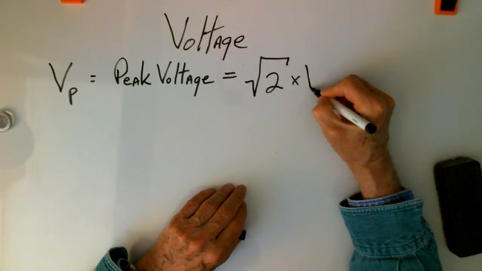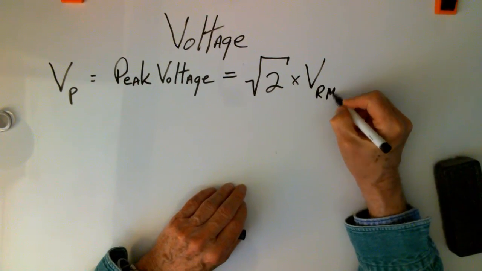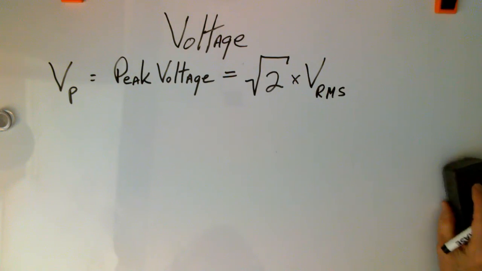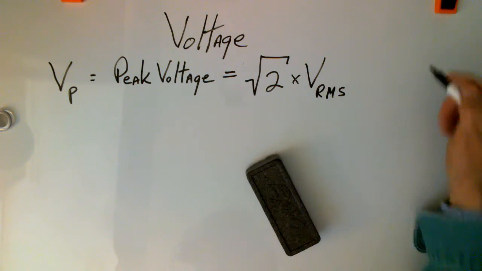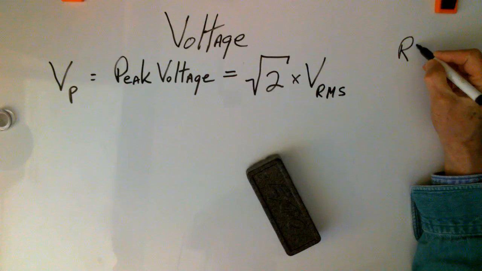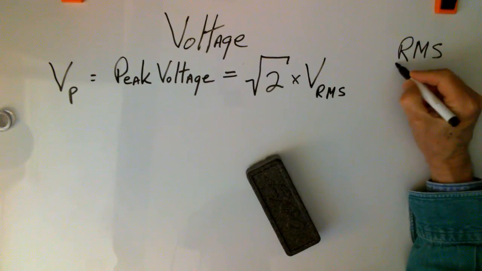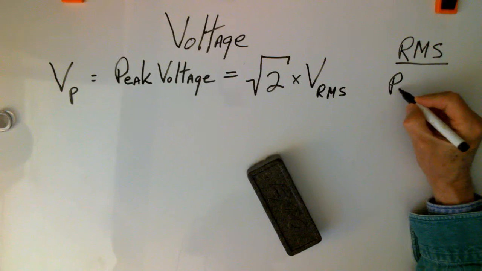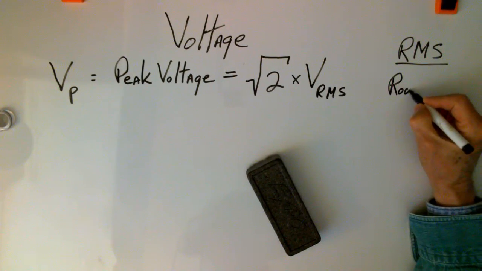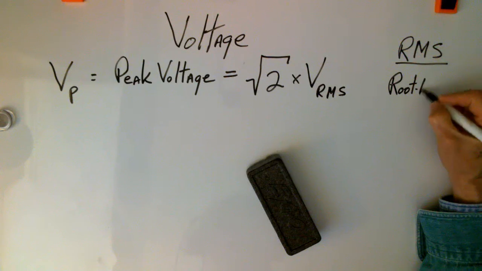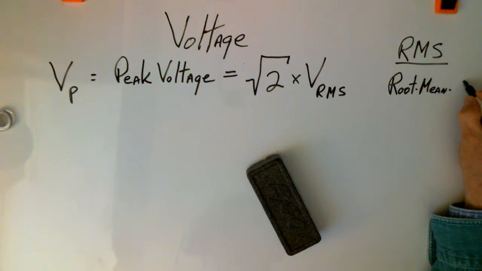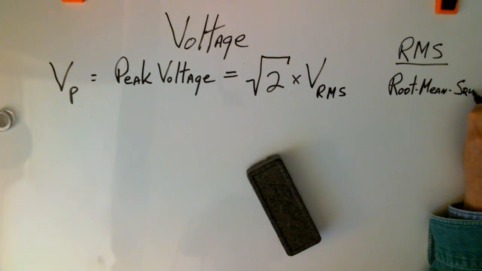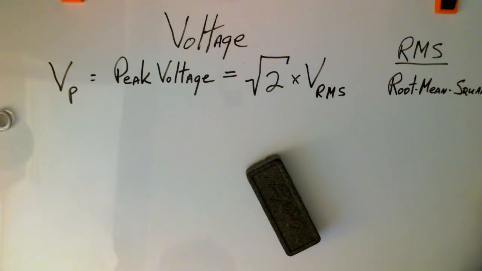Okay, so RMS is root mean squared. Okay. RMS, sorry. So we've got that.